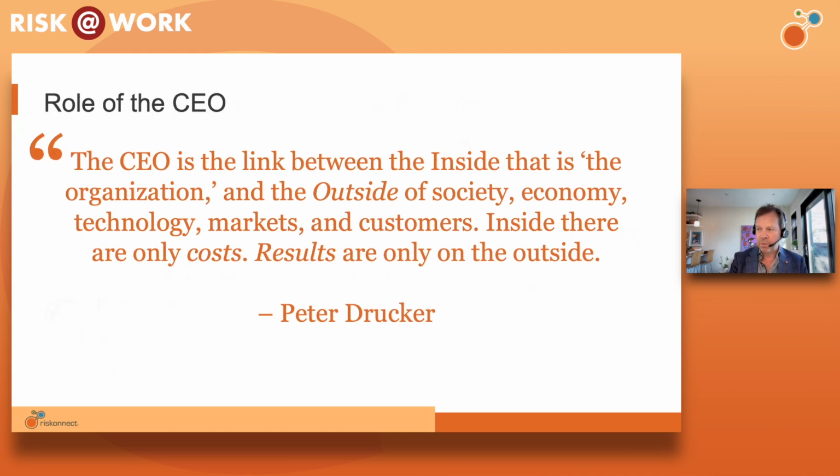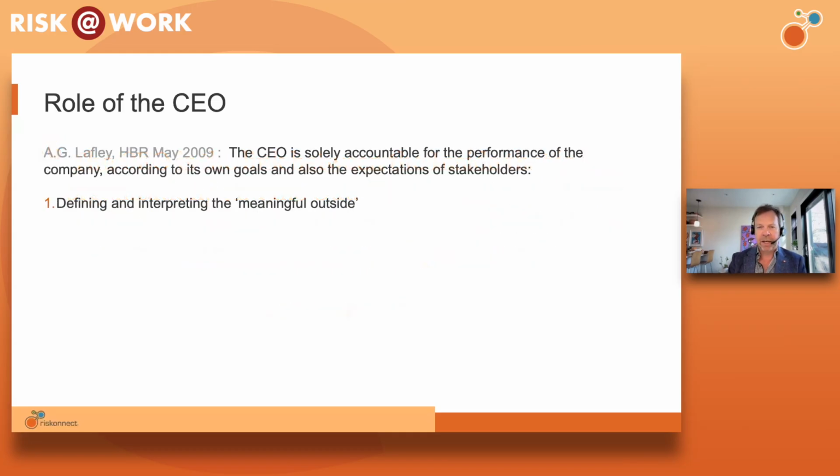And then there's another quote that I'd like to flash up here that takes this idea a bit further. This is from Alan Lafley, who was the former CEO of Procter & Gamble, published in Harvard Business Review back in 2009. And he talks about, first of all, the meaningful outside. So part of that is identifying stakeholders, customers, suppliers, business partners, creditors, and understanding all their expectations.